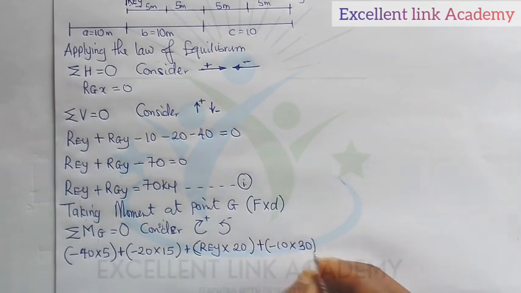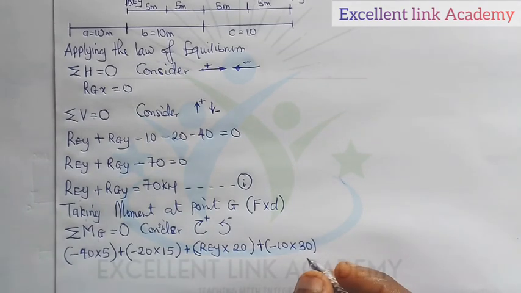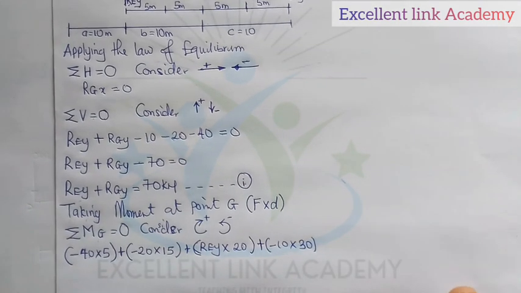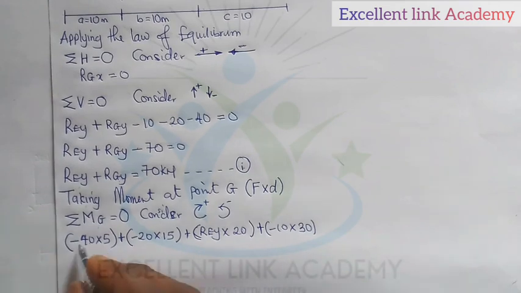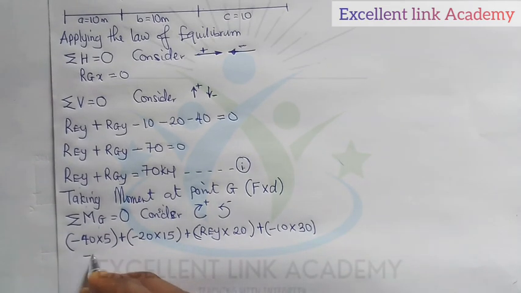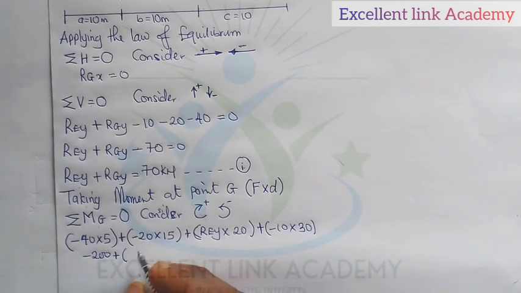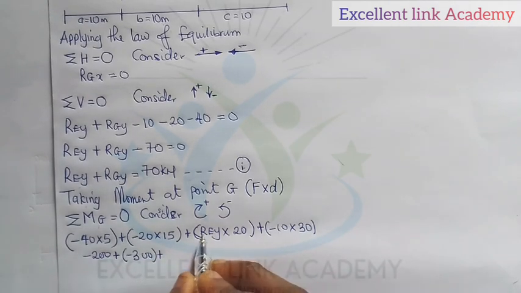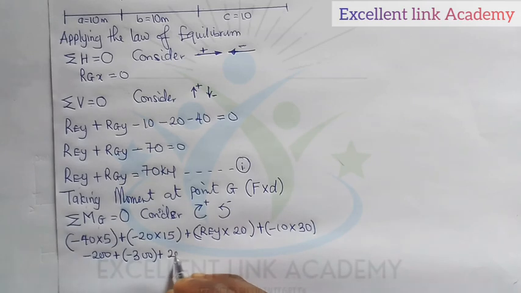So I have this at this point. If I proceed mathematically, I will have minus 40 times 5 will give me minus 200. This is a positive sign. Into minus 20 times 15, that becomes minus 300. This is a positive sign. Plus 20 times REY. It's 20 REY.